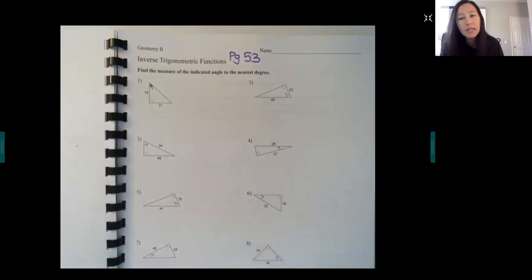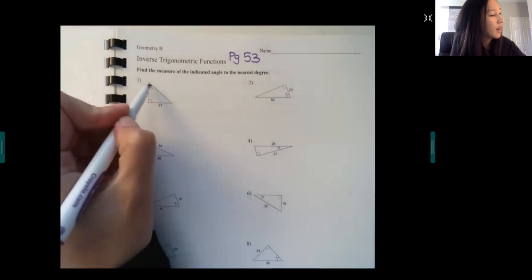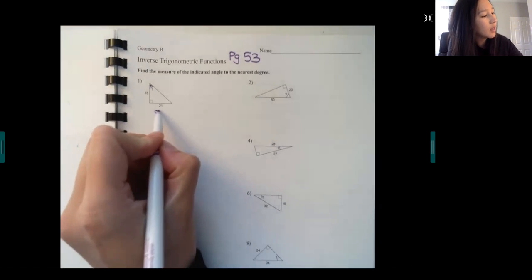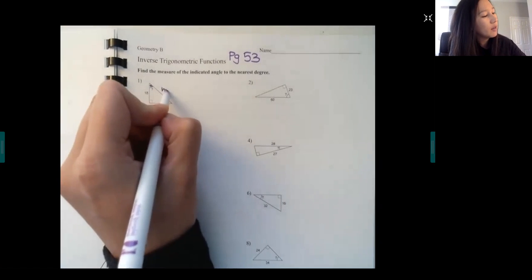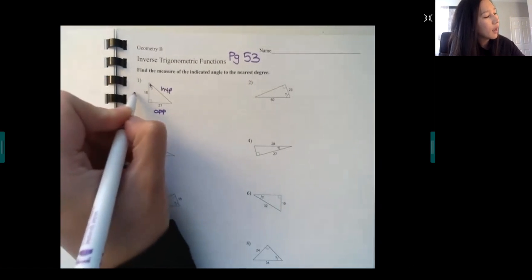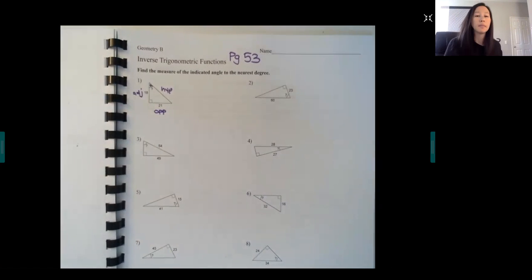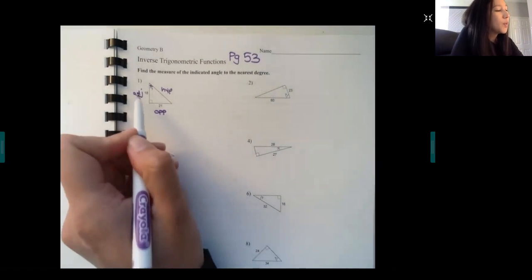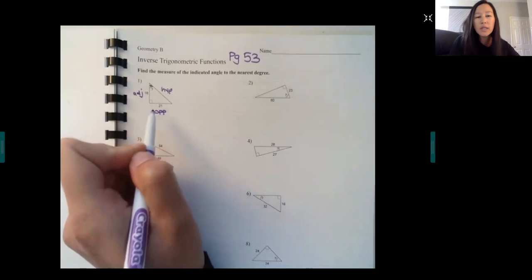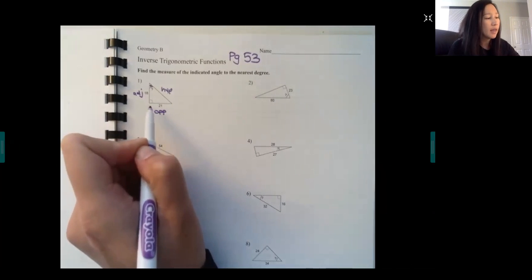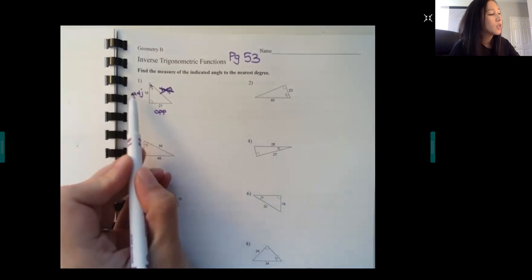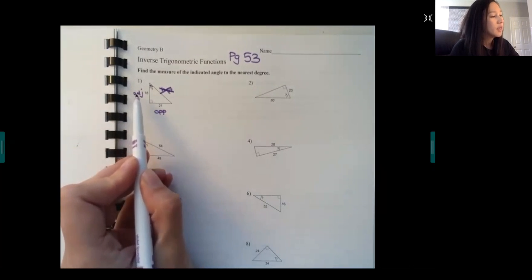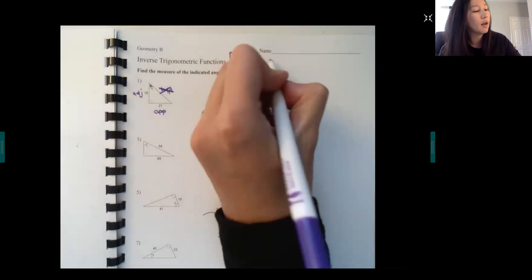Step one says to label the sides. So if this is our angle, we know that 21 is the opposite side. We know that this side is the hypotenuse, which we don't know, and this side would be our adjacent side. You guys are really good at labeling the sides. So now that we know which sides, we can only use the sides where we know the length of that side. The hypotenuse we don't know, so we're not going to be using that one. All we know is the adjacent side and the opposite side.